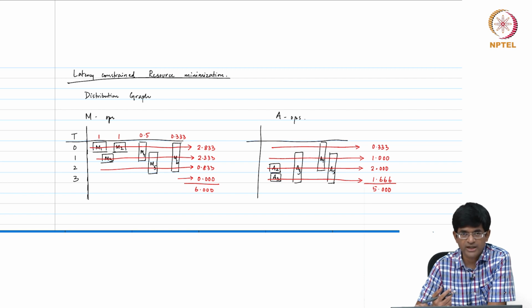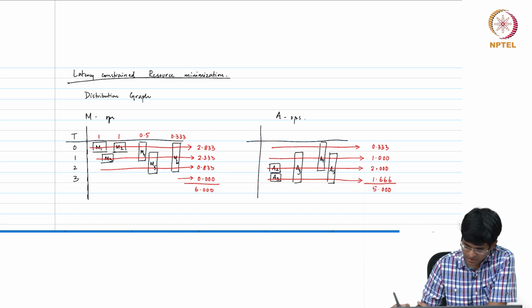So, if there are more operations or more contribution to a given time step, there is more likelihood that something needs to be pushed out for the system to execute well, which means that something with a 2.833 spring constant, any operation that you try to push into that time step will get pushed out even greater than if it was trying to be pushed into another time step that had only a 2.33 constant.